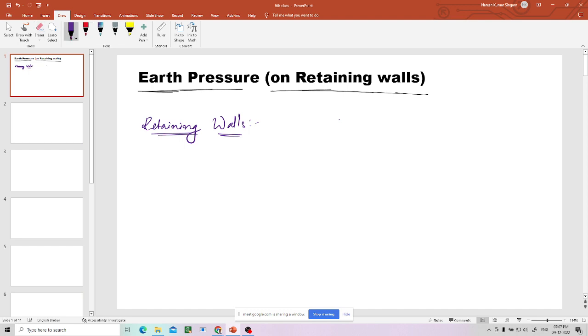There is a hill, then there is a road, then again a road, and again a road.